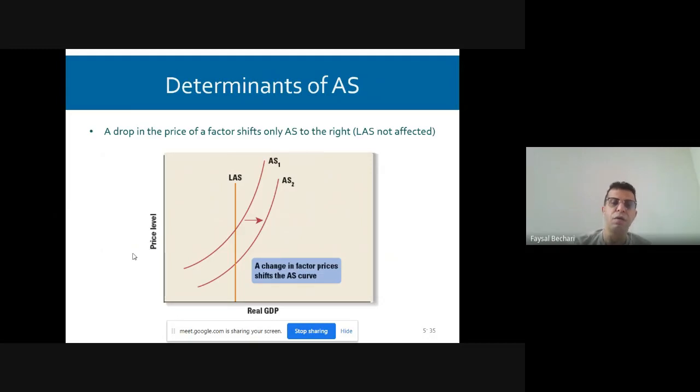Now, a drop in the price of a factory input shifts only the short-run aggregate supply to the right; the long term is not affected. If the price goes down, in the short term the aggregate supply will supply less, and the real GDP is sticky, not moving.